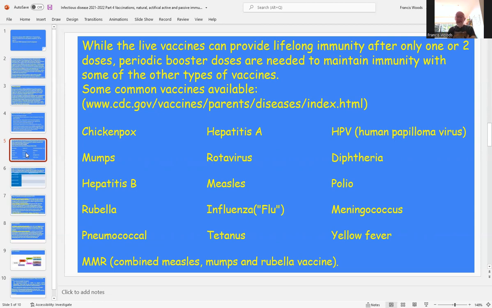Hepatitis, you can see there's hepatitis A and B. There is also a C. Rubella, pneumonia, pneumococcal, measles, influenza, tetanus, human papillomavirus that can cause cervical cancer, diphtheria, polio, meningitis, meningococcus, and yellow fever.